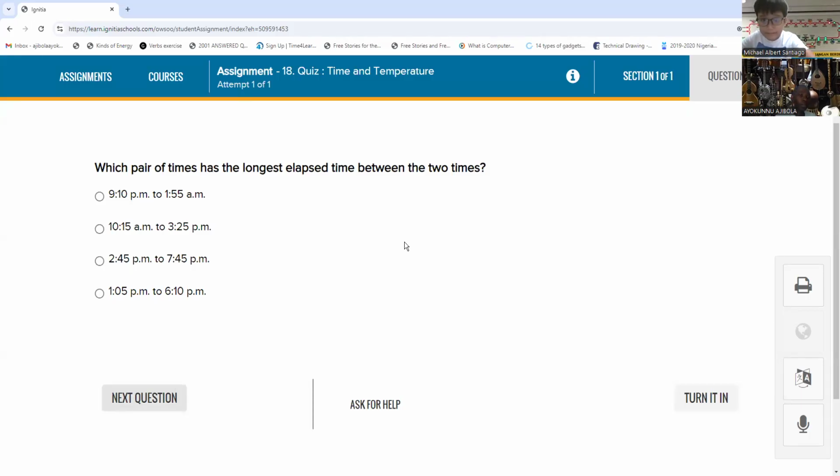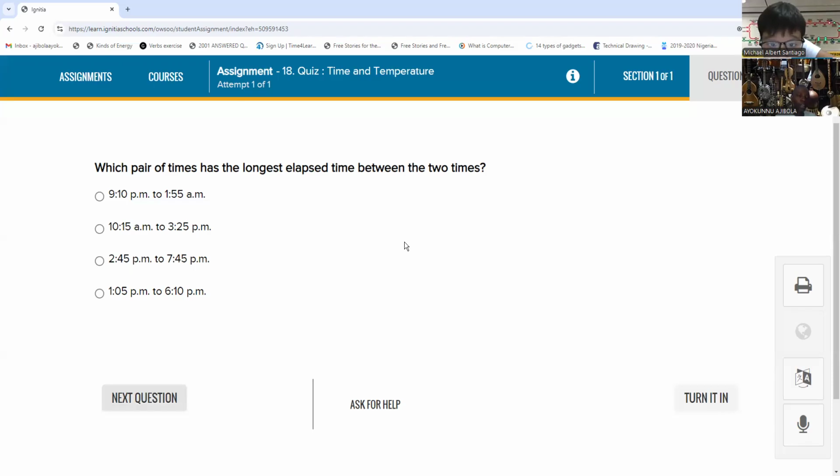Then for the second one, 10 in the morning to 3 in the afternoon, that's 11, 12, 1, 2, 3. That's 5 hours, okay? So if it is 3:15, that's 5 hours. But this is 25, so that's 5 hours, 10 minutes. Then from 2 p.m. to 7 p.m., 45.